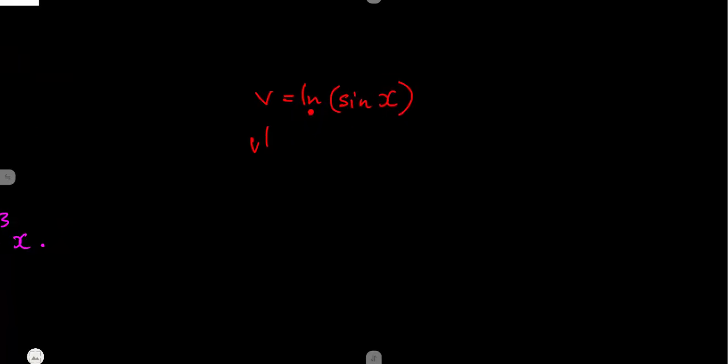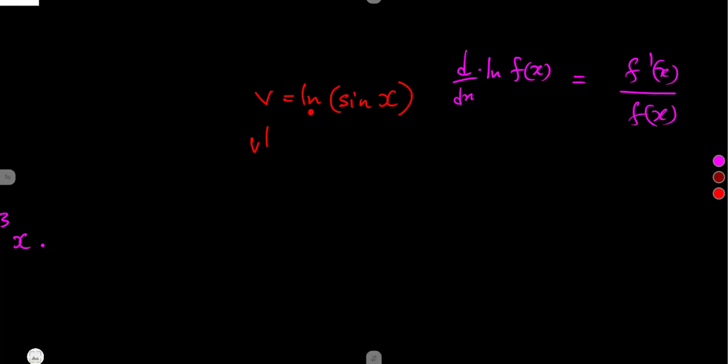But as for me, guys, I explained this one before, that if you're given ln f of x, and you are differentiating with respect to x, you are going to take the derivative of that f of x over f of x. So take note, ln f of x, the derivative of f of x over f of x.